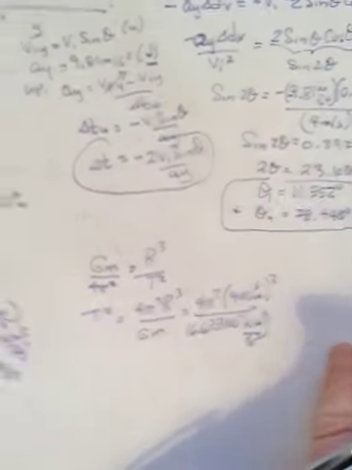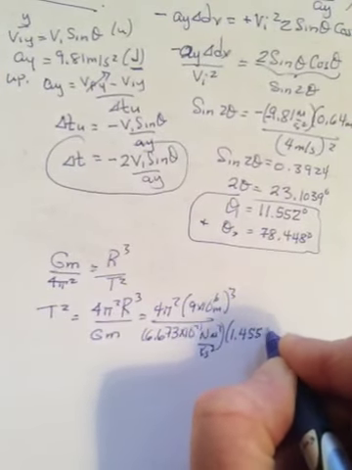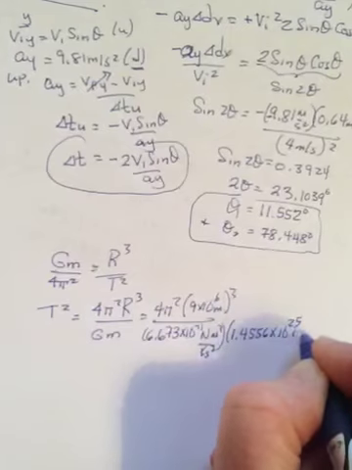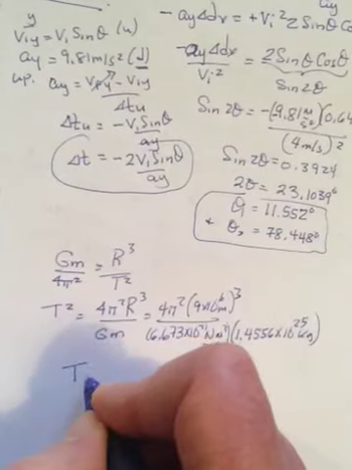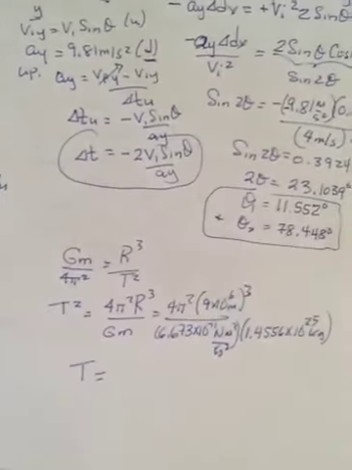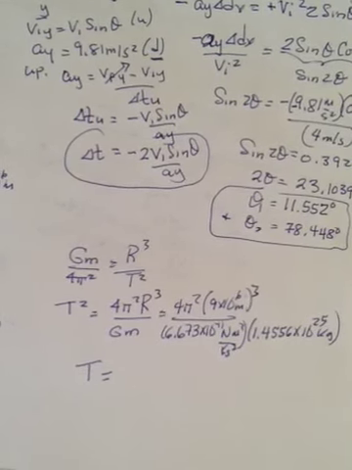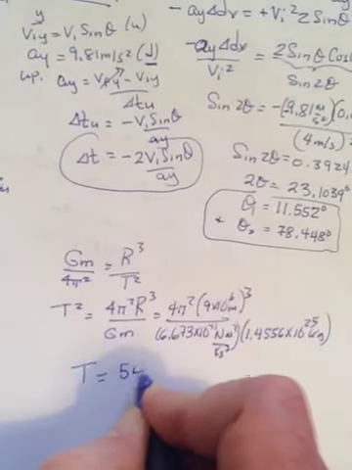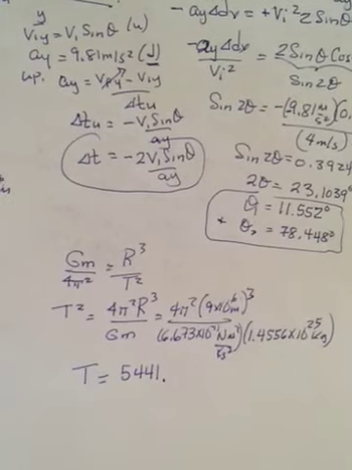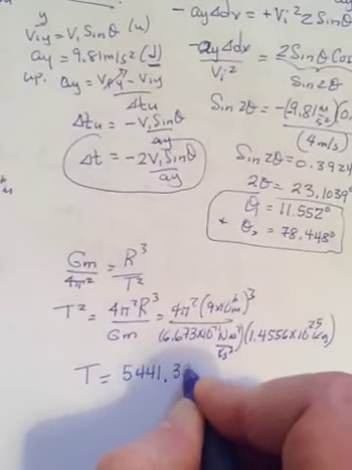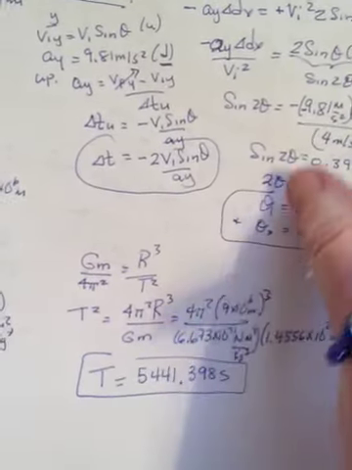And the mass we just found, that's now off my screen, 1.4556 times 10 to the 25th kilograms. Okay, remember to cube your r, square your pi, and square root your T. And if you do all that, you get 5,441.398 seconds.